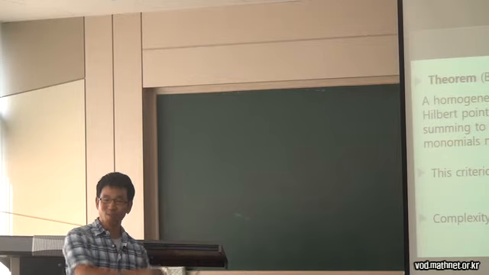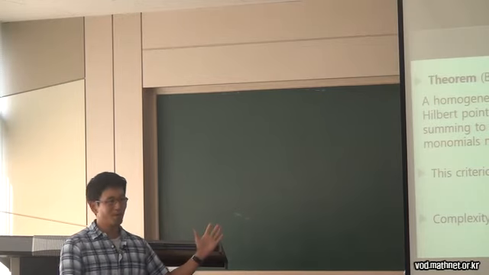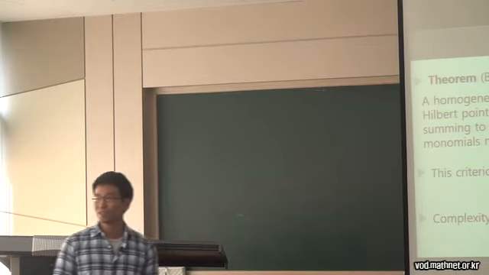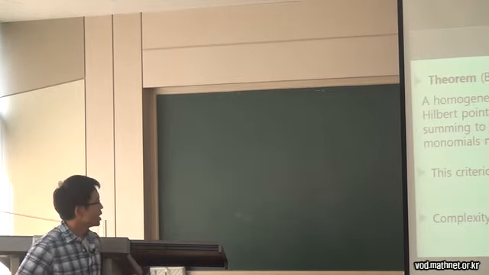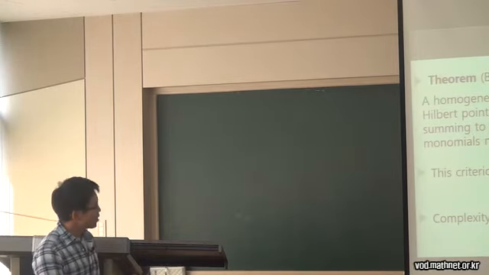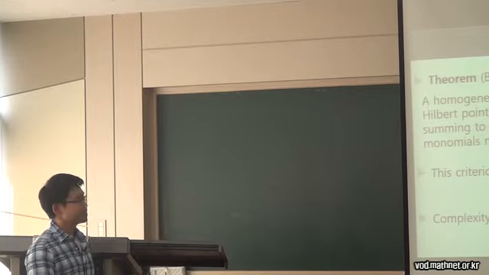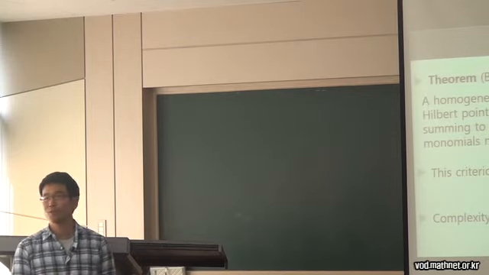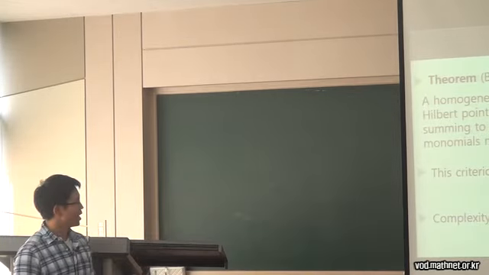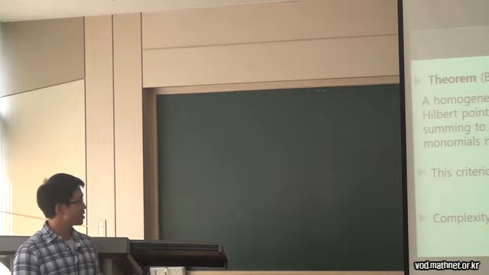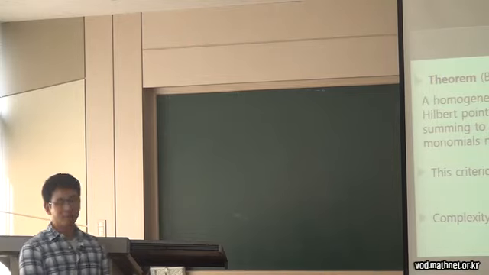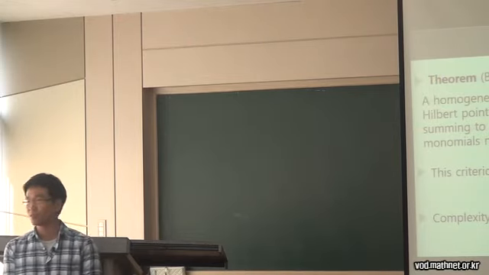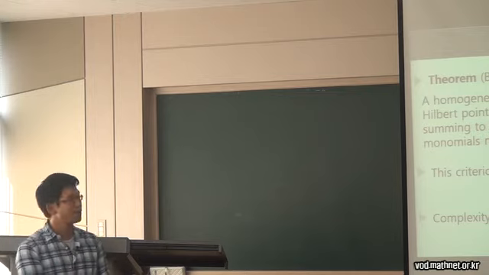Now you change the coordinates and do the same thing for every coordinate system, then you have checked the semi-stability condition. So this criterion, of course, can be checked effectively by computing the Gröbner basis. And the point here is that the complexity of Gröbner basis computation is, of course, very intimately related to the regularity.